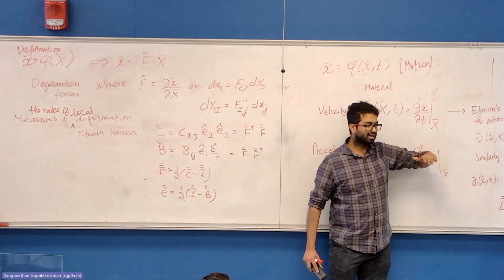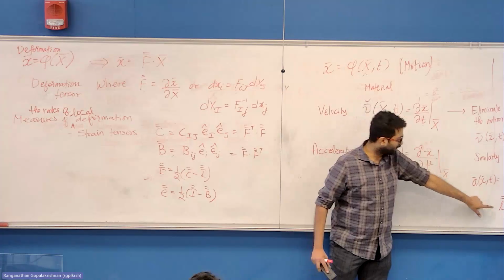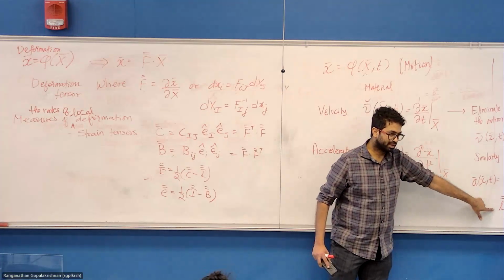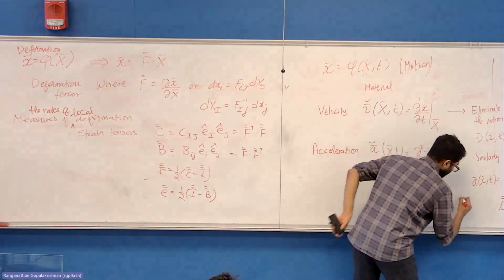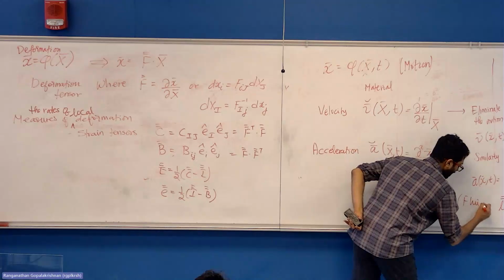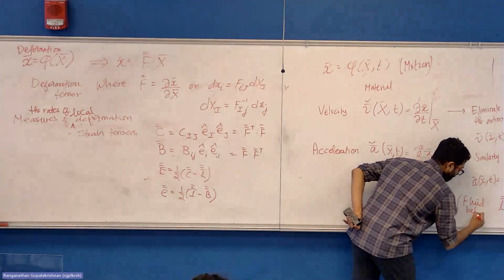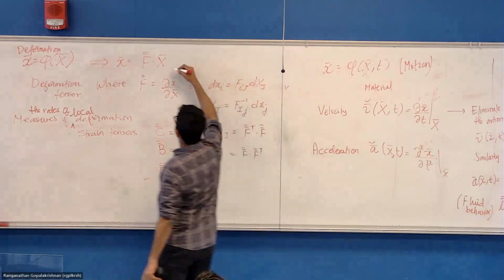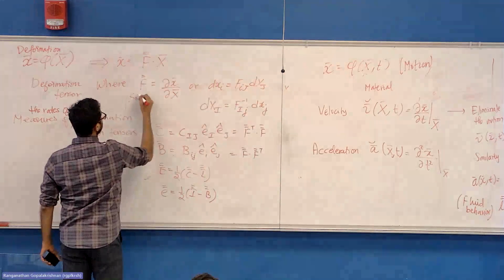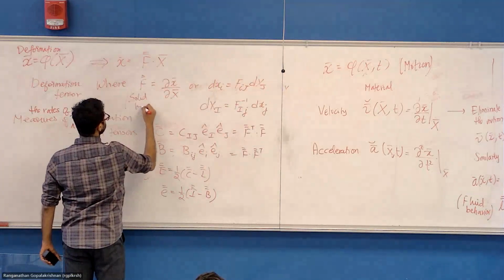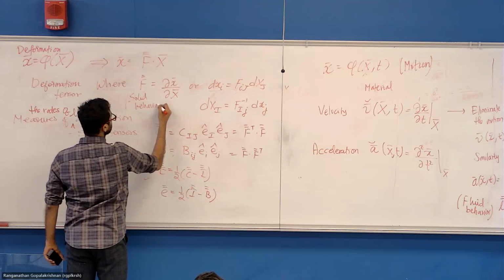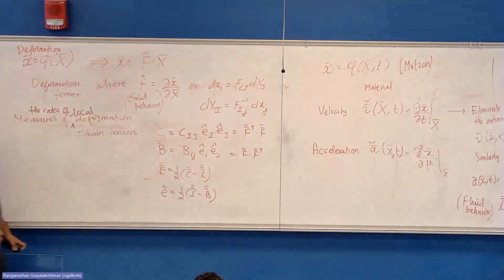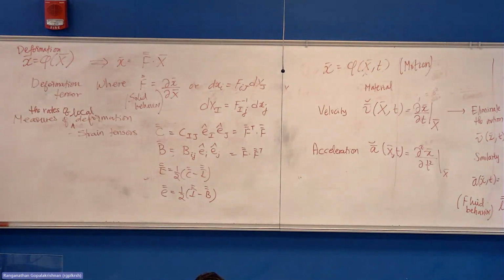It is not the actual deformation, it's the rate of deformation that is measured. So you can write a hint: fluid behavior, and for the deformation tensor, hint: solid behavior. And of course, reality is in between. We talked about geology and time scales and everything. Okay.